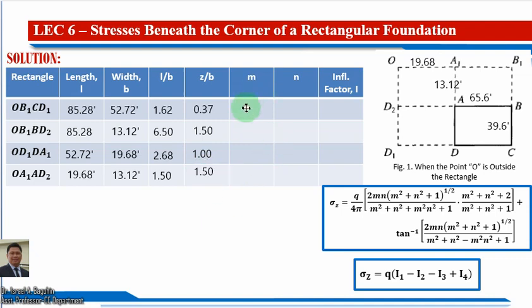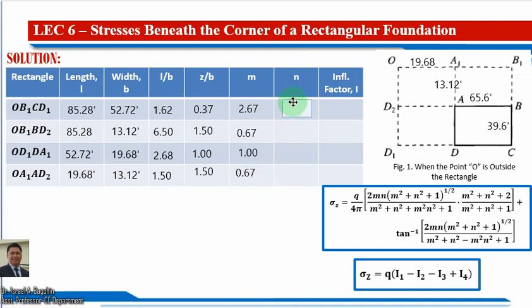And for our m, which is just equal to the ratio of our B over the depth Z, which is 19.7, if you calculate 52.72 feet divided by 19.7, our m will be 2.67. As for the next three rectangles, we have 0.67 here, and here we have 1.0, also here 0.67.